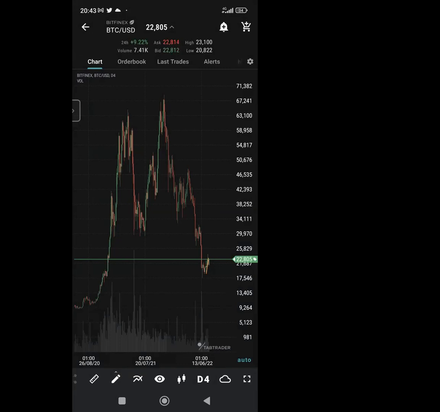So for your support and resistance, the price where major traders, a lot of traders, are willing to sell their commodity, which is above the current price, is called your resistance.